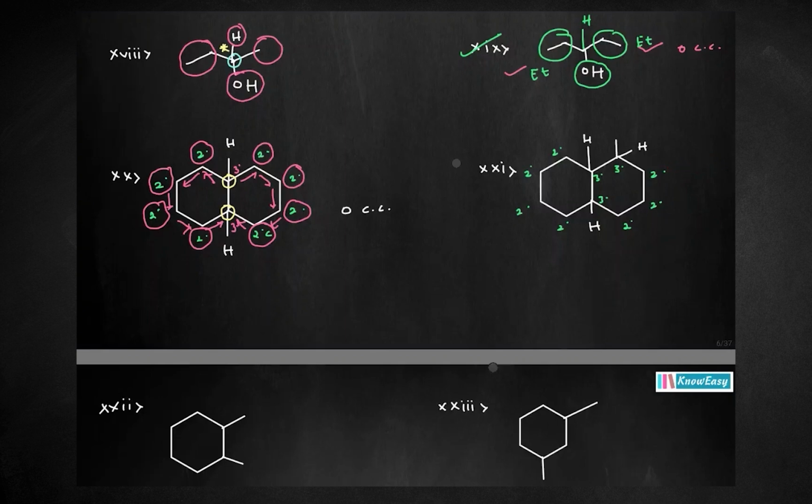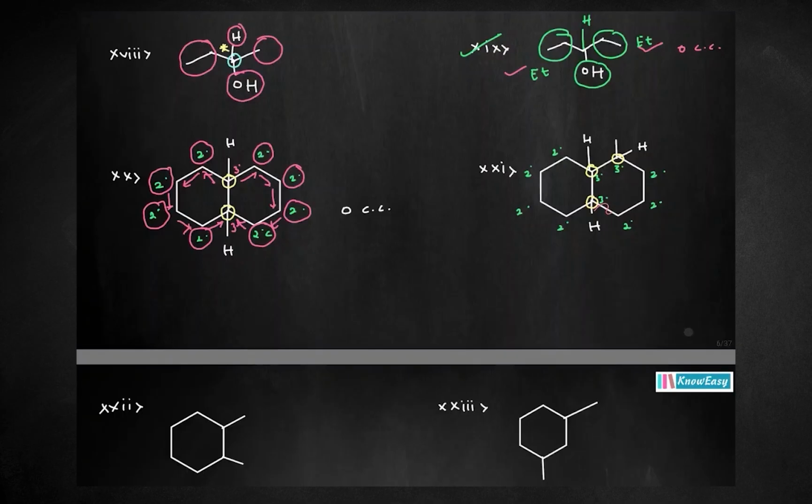That is a very basic part. Now we have to check these 3 positions. Look carefully. This is CH2, CH2, CH2, CH2, CH2, CH2, CH2, so they have 2 hydrogens, so 2 atoms are common, so remove that.